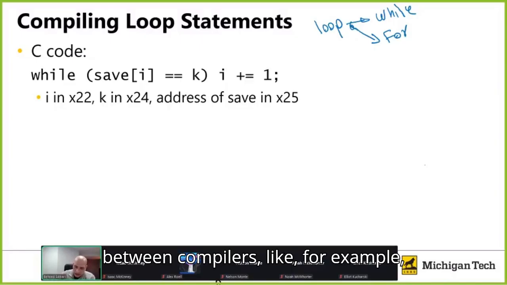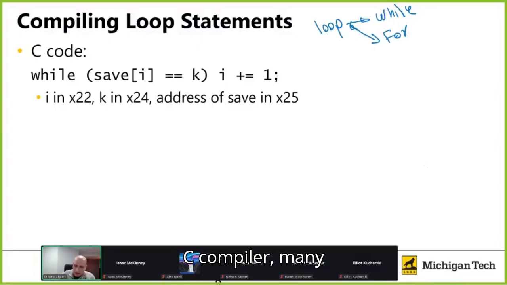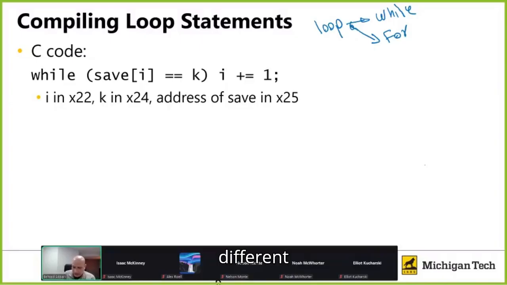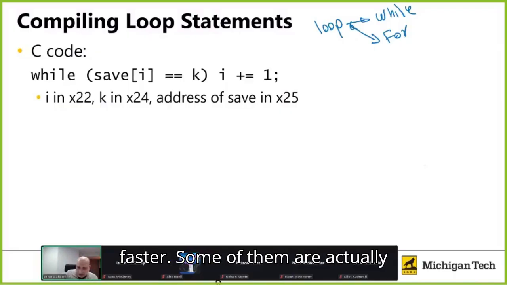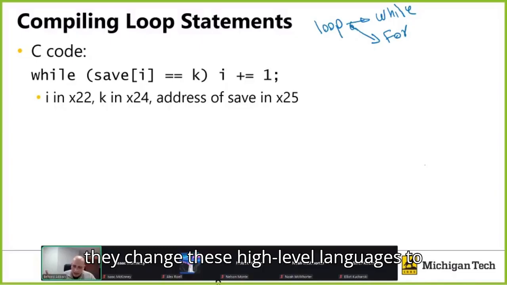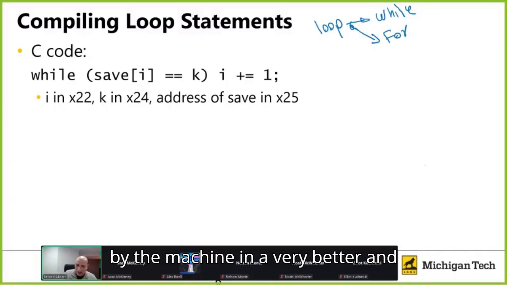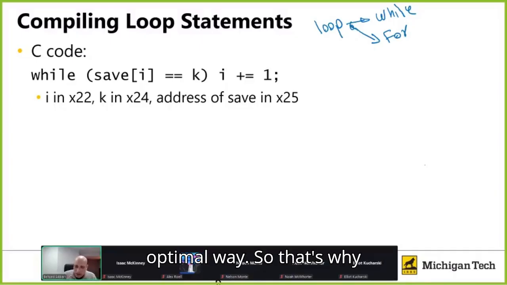But even between compilers, like for example C compilers, many companies design a C compiler. Microsoft has one, and many other companies have different compilers, even for C++. Some of them are faster, some of them are slower. The reason is how they change these high-level languages to assembly language so they can be executed by the machine in a better and more optimal way.